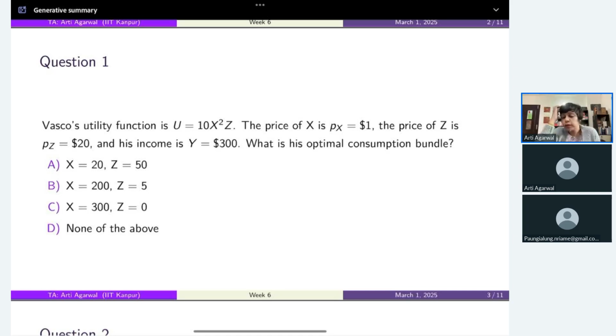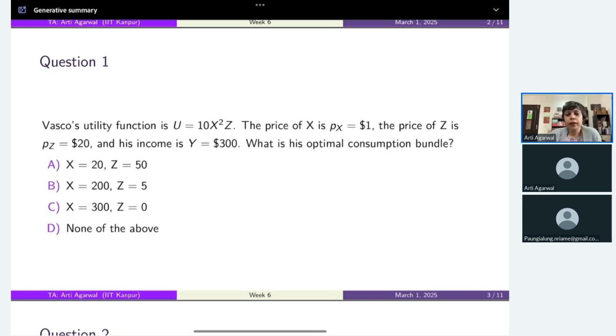And the third method is using the Lagrangian or Lagrange multiplier method, in which we optimize a function of two variables given the constraint. It's a typical method for constrained optimization. In this case, the constraint is the budget constraint, and the function we want to maximize is the utility function, right?